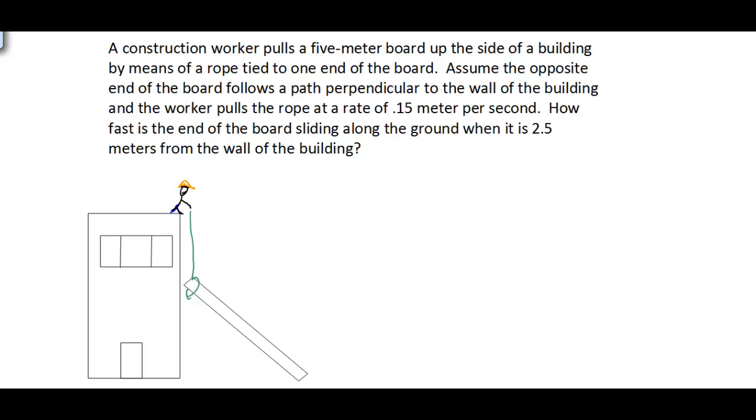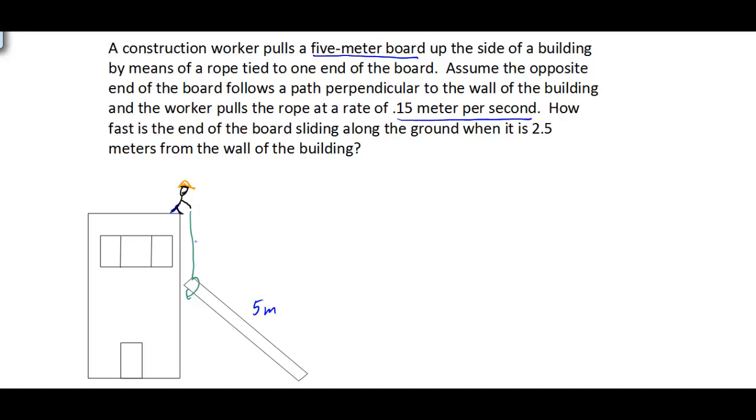Alright, so let's label what's given and what we're looking for. So we're pulling this 5-meter board. So we know the length of the board here is 5 meters. And he's pulling the rope at a rate of 0.15 meters per second.